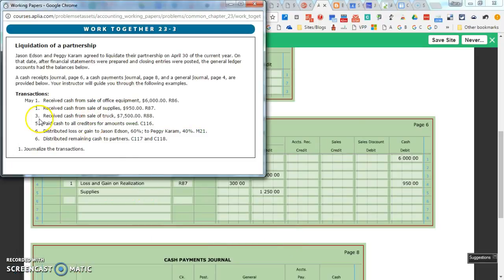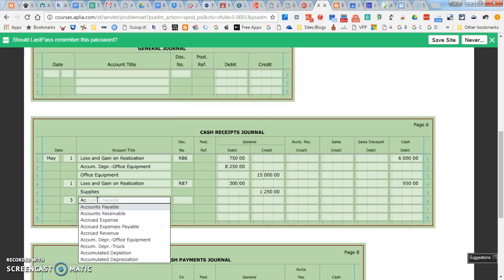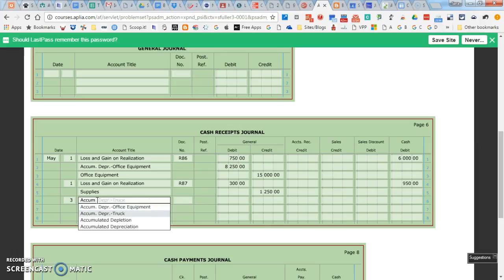Our next transaction, May 3rd, received cash from sale of truck, $7,500. So our date is the 3rd. Accumulated depreciation truck. I'm going to go ahead and put in my cash, $7,500. And then truck. My document number was R88.